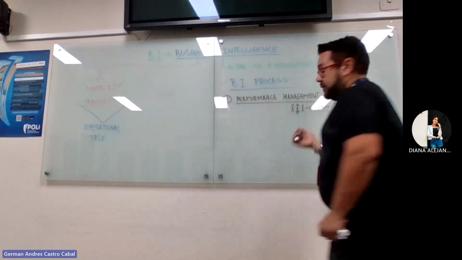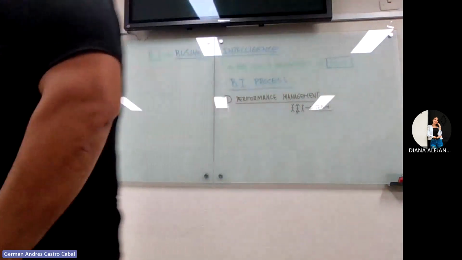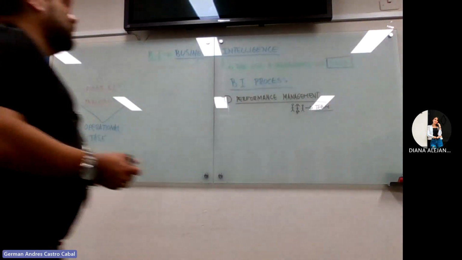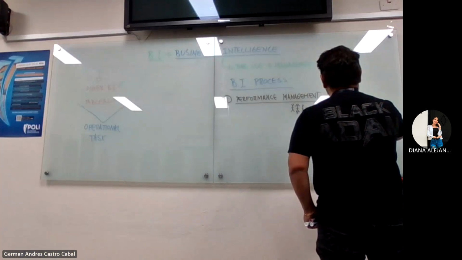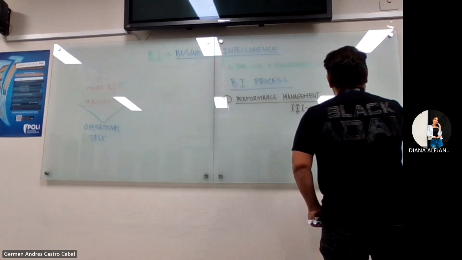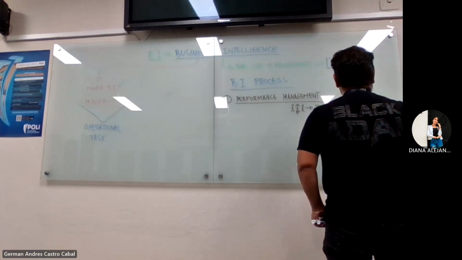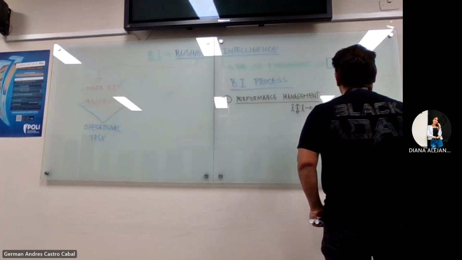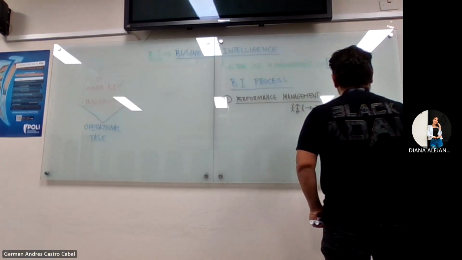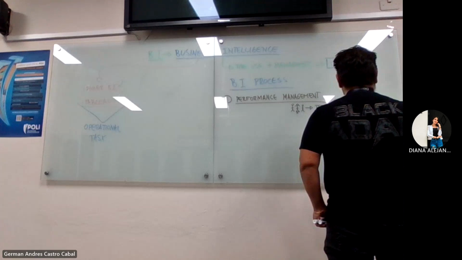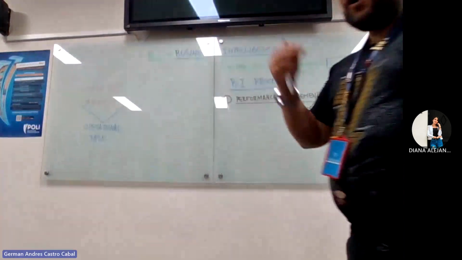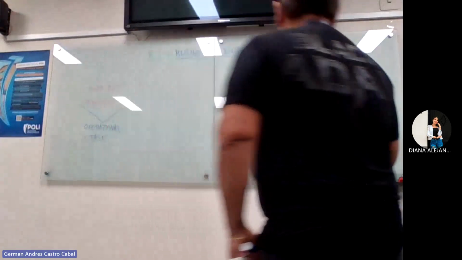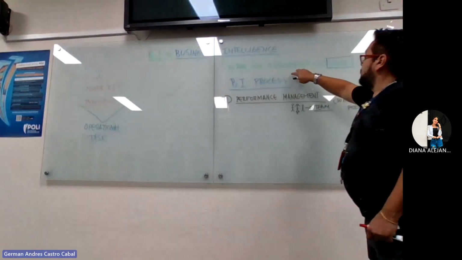You need to have the right personnel, able to manage and use data. It's clear? First you need to know that your team is capable of using and managing the data.